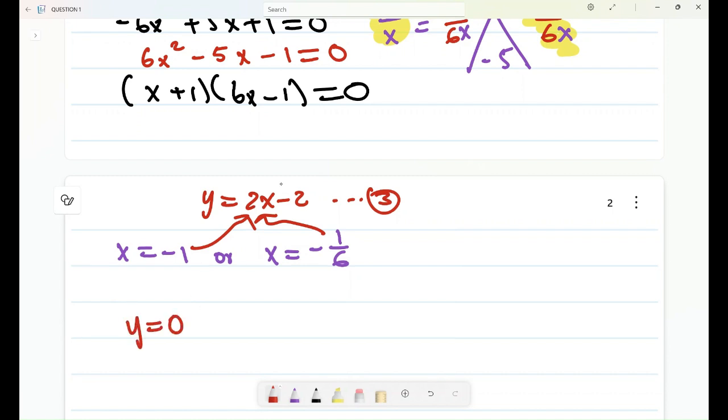Then when I sub negative 1 divided by 6, my answer is y equal to negative 7 divided by 2, if I'm correct. If there is a mistake, please do substitute these x values here so that you can get the corresponding y value.